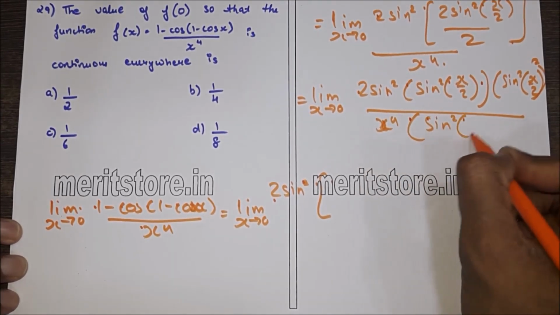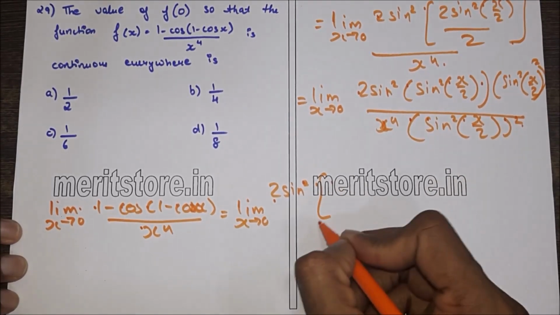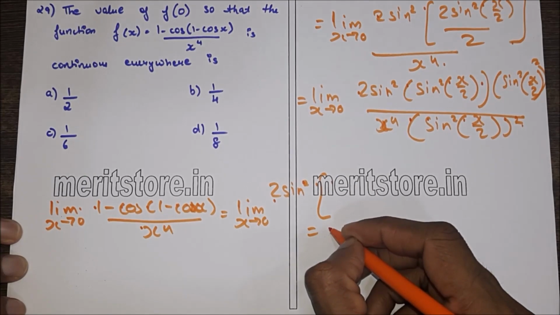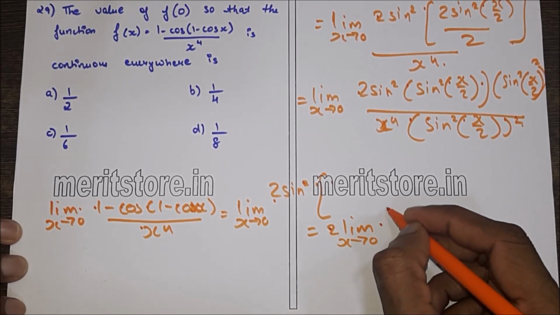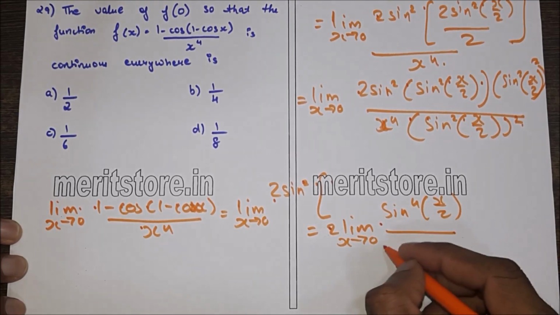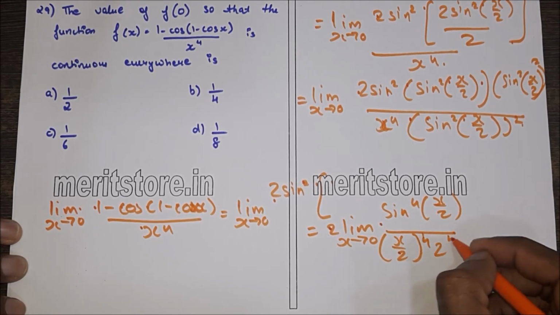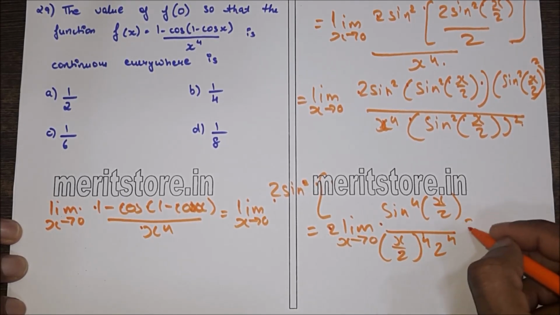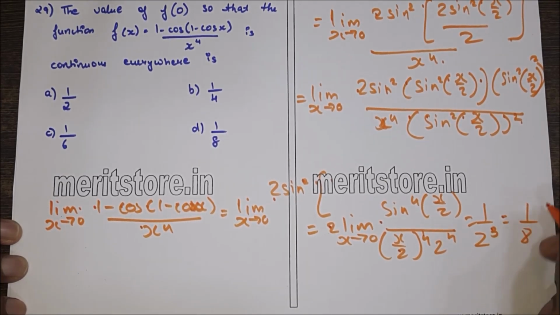We get this as equal to 2 limit x approaches to 0 of sine raised to 4 x by 2 upon x by 2 raised to 4 into 2 raised to 4, which is equal to, we get as 1 upon 2 raised to 3, which is equal to 1 by 8, which is our option D. Therefore option D is the correct answer.